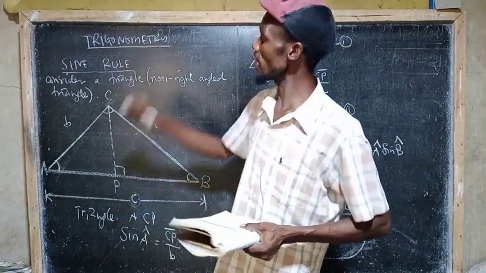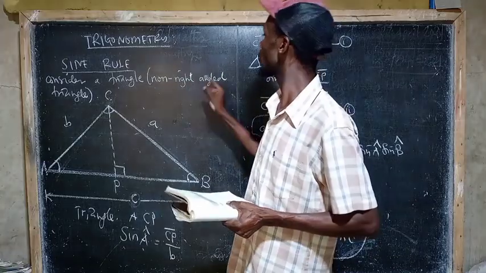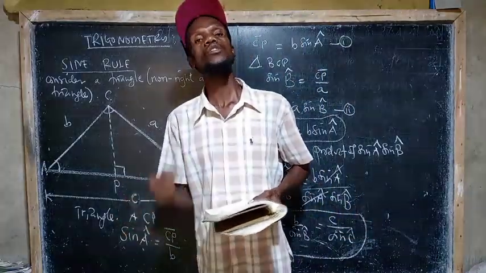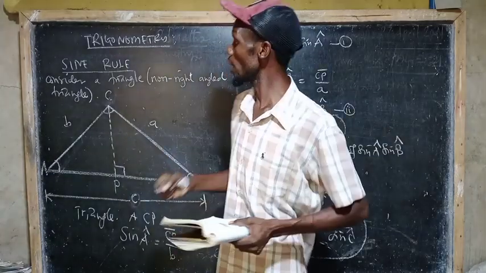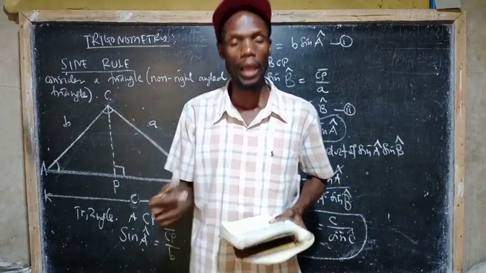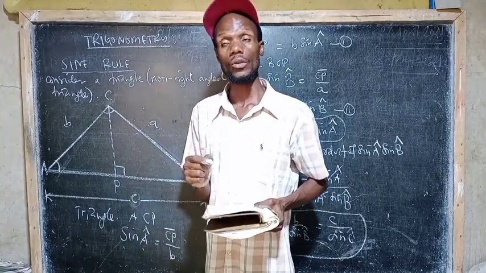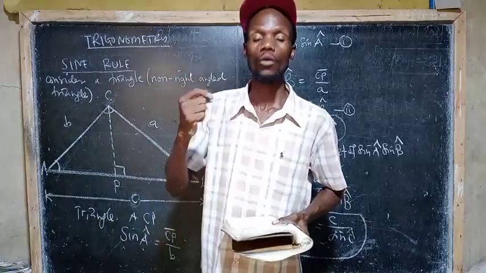But here we are talking about non-right angled triangles. Hizi sasa ni pembe tatu ambazo sio pembe tatu mraba. Hapa ni pembe tatu yoyote unaweza ukatumia, kwa sababu remember we have several types of triangles, lakini hapa tunazungumzia triangle ambazo sio right angled triangle.